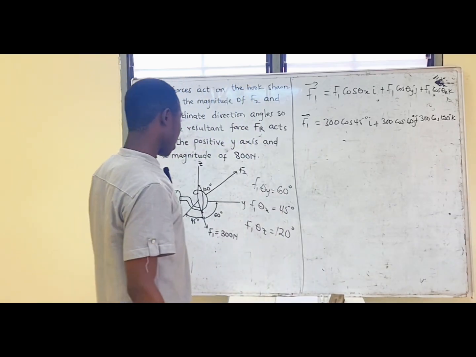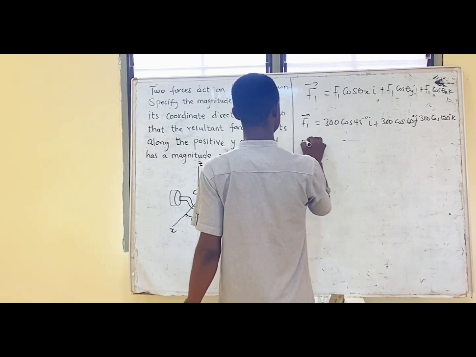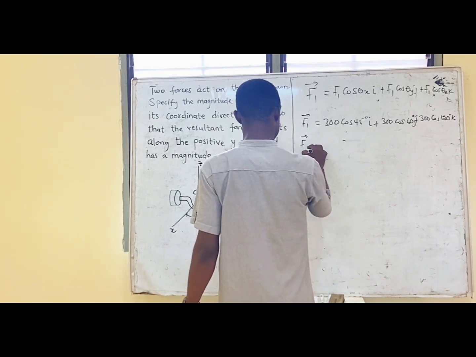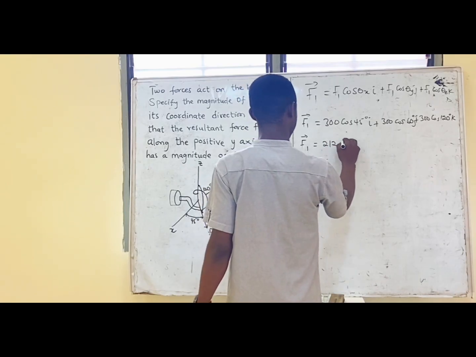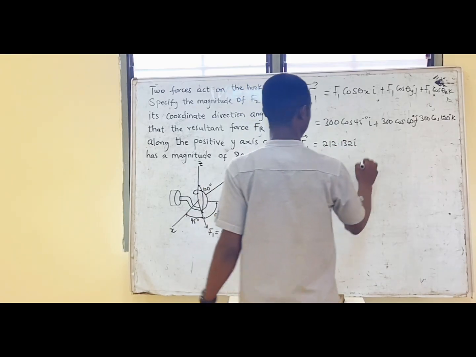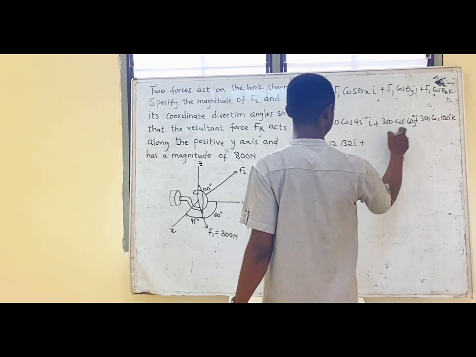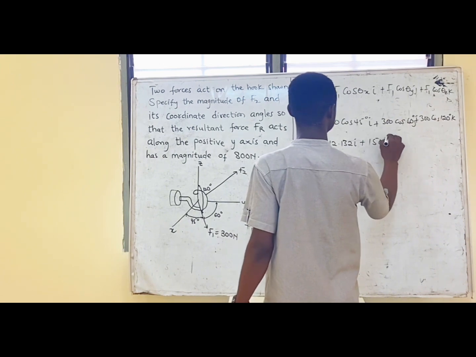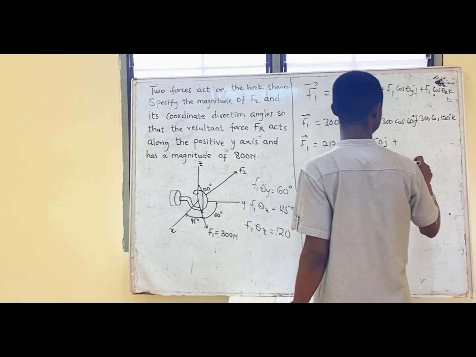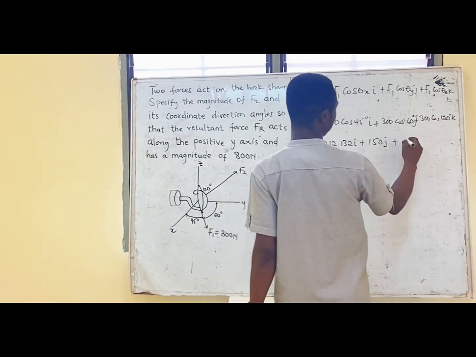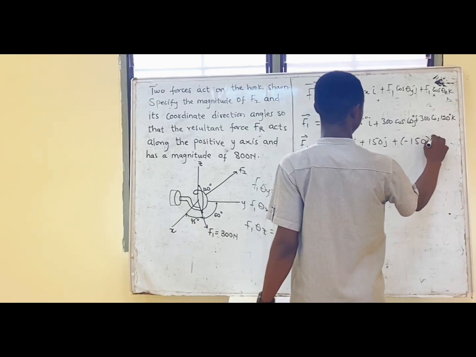Very good. Now, after solving, 300 cos 45 degrees gives us 212.132 i, 300 cos 60 will give us 150 j, plus 300 cos 120 will give us a negative 150 k.